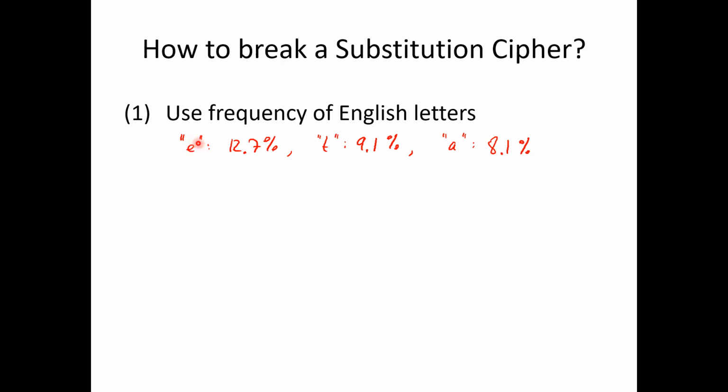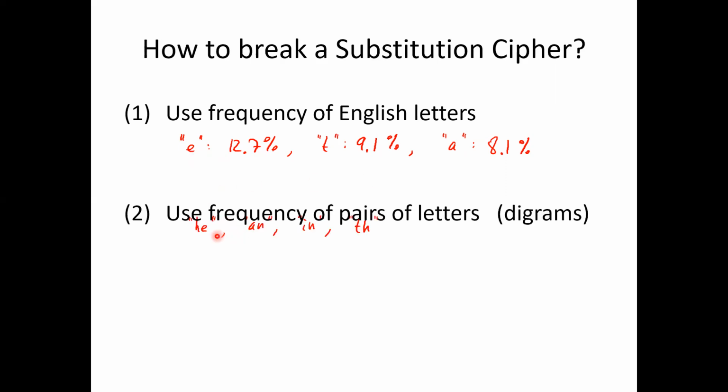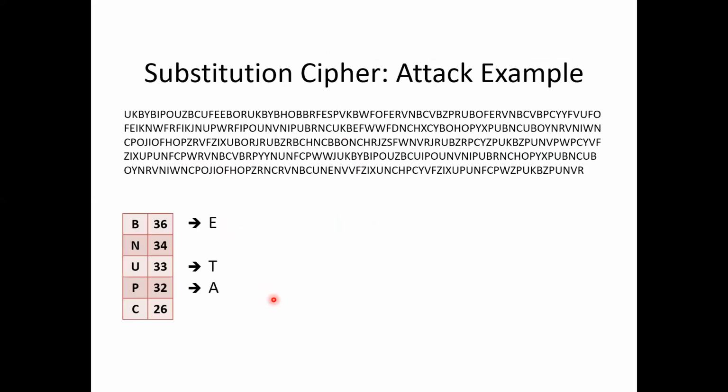In English, the most frequent is E, and you can get tables of these frequencies on Wikipedia. And so diagrams, so pairs of letters, have known frequencies, right? For example, PH, AN, IN are common repeated diagrams in English.